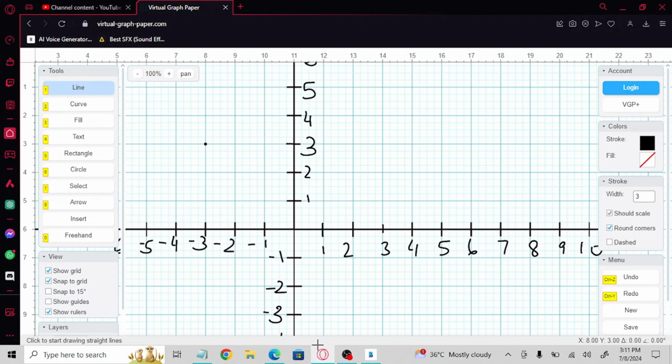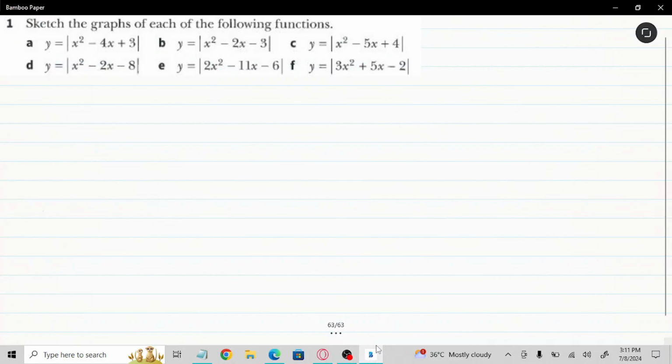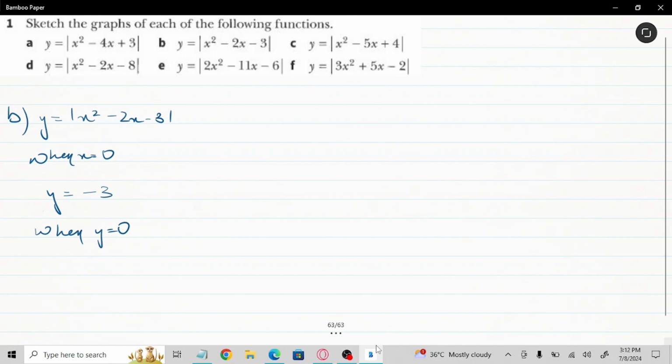For part B, what we are going to do is write down the equation y equals x squared minus 2x minus 3. First find out when x is equal to 0, we get y equals 0 minus 3. And when y is equal to 0, x squared minus 2x minus 3 is equal to 0. For the time being, I'm not going to take the modulus into consideration.